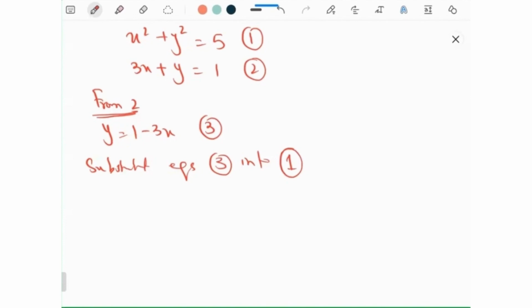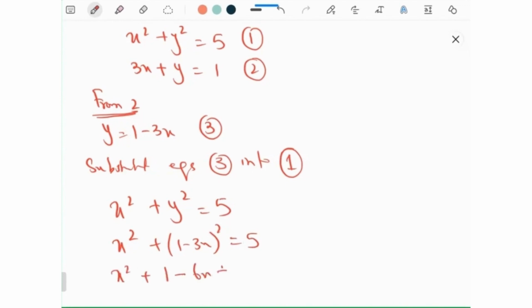Since I have made the third equation from the second equation, I will substitute it in the first equation. X square plus y square is 5. X square plus (1 minus 3x) square is 5. X square plus 1 minus 6x plus 9x square is 5.